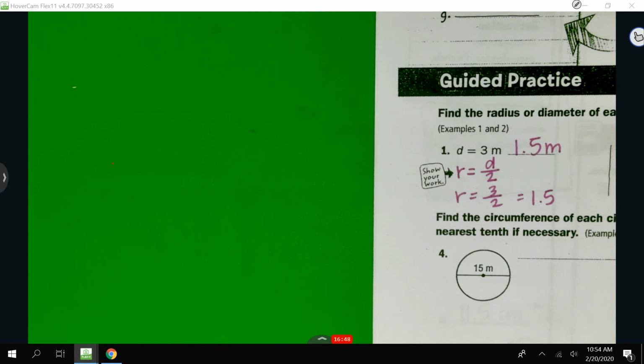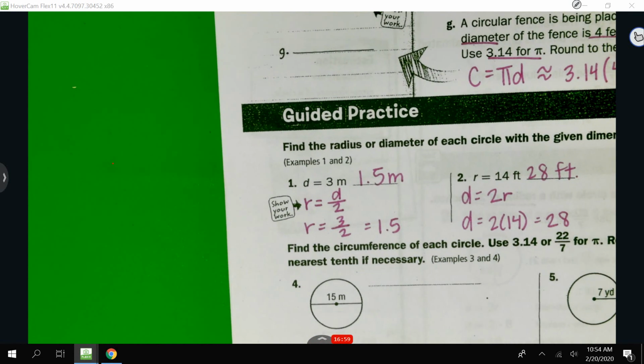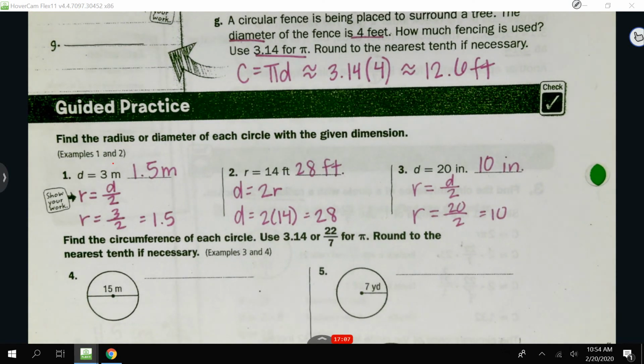Number 2, you're given the radius. So what are you finding? The diameter. So diameter is 2 times the radius. So what is that? 28 feet. Good. And then number 3, you're finding the what? Radius. So that's half of 20. So that would be 10. Okay. Good on those questions?